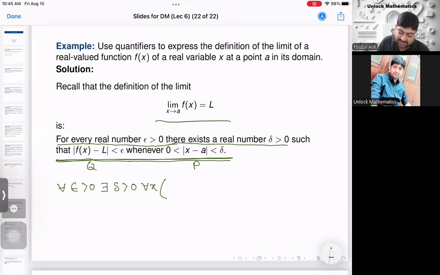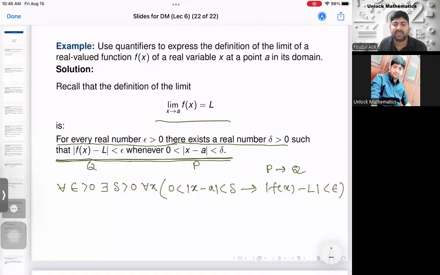So basically it means that p implies q. It's not that q implies p, it is p implies q. So what is p here? p is 0 less than mod of x minus a less than delta. This whole thing will imply that mod of f(x) minus L is less than epsilon.